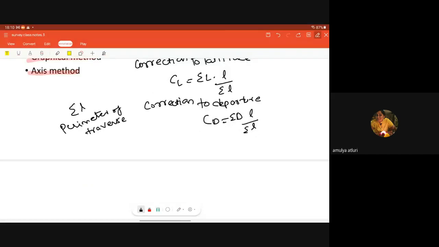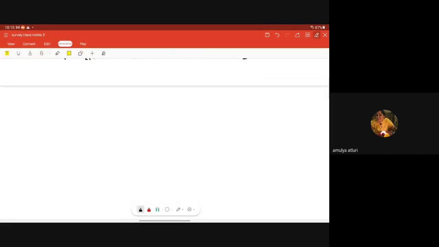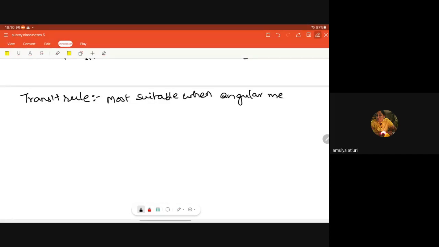Next, transit rule. What is transit rule? This is most suitable for theodolite traversing, when angular measurements are more accurate than the linear measurements.